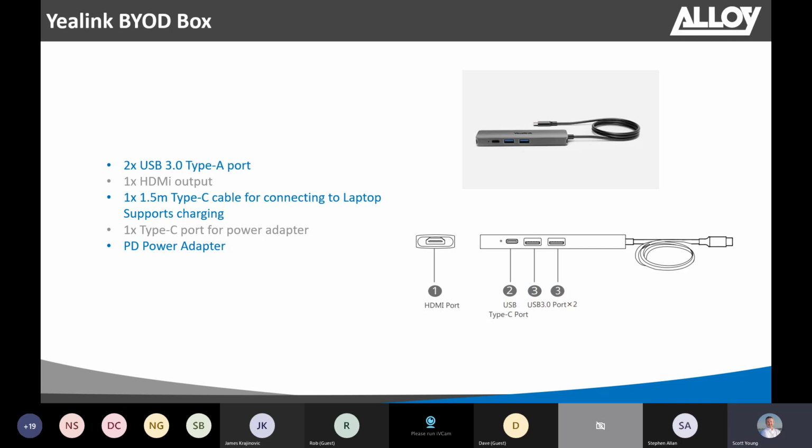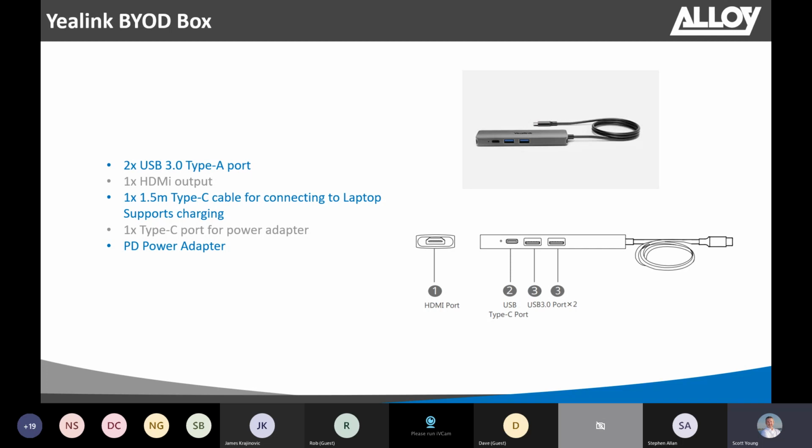Now, there is one restriction here, and that is that the USB-C port that you might have on your laptop needs to support video as well, video pass-through. Now, if we don't have that support, then we need to connect that USB-C port still to the BYOD box, and the USB ports on the BYOD box will connect to our USB peripherals.